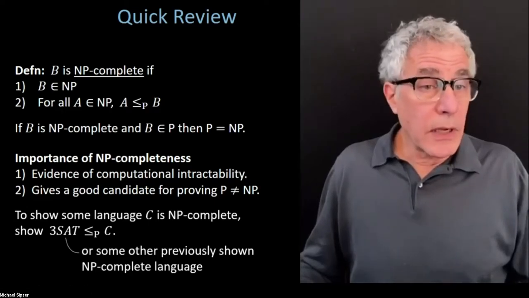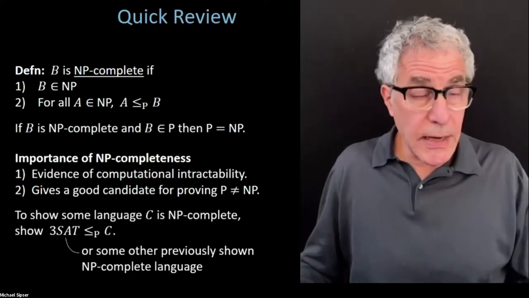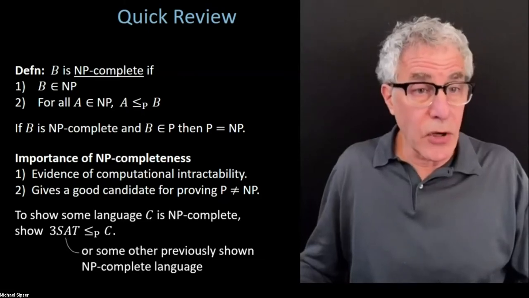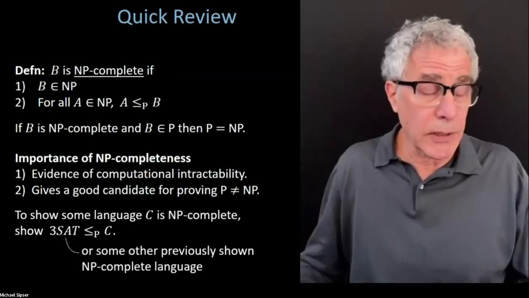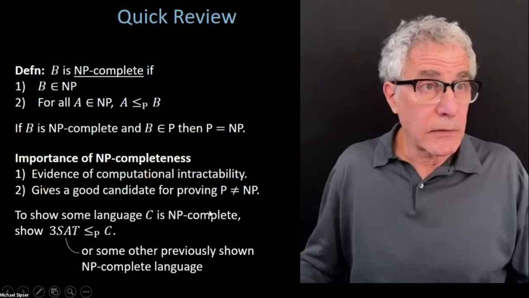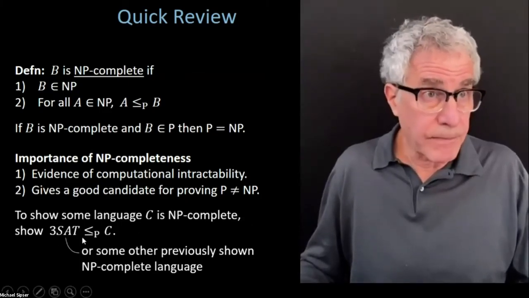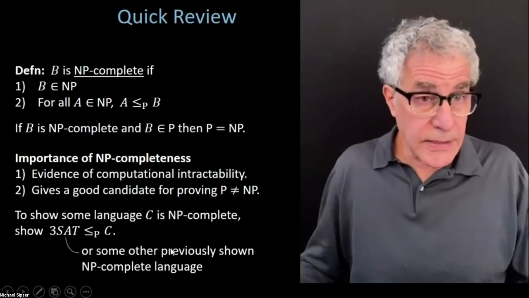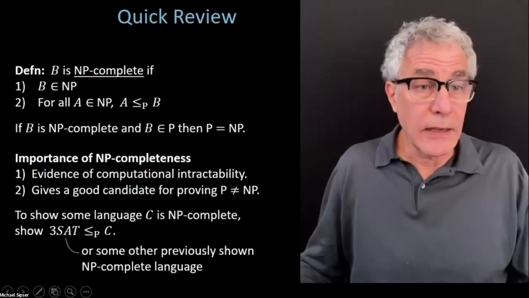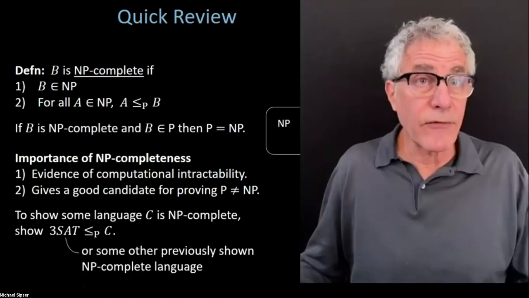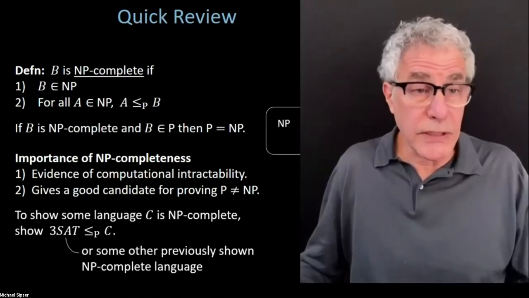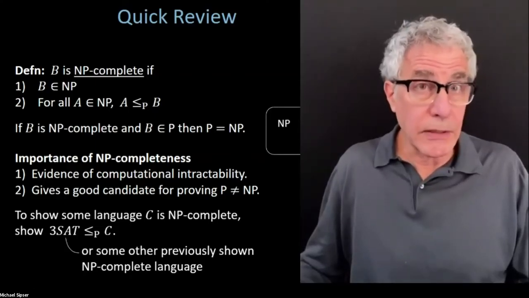The way we are going to typically show problems NP complete is by reducing a previously known NP complete problem to that problem. Often it's 3SAT, as we've seen in several examples already, or it could be some other example. So let's briefly survey the languages that we've already seen which are NP complete.